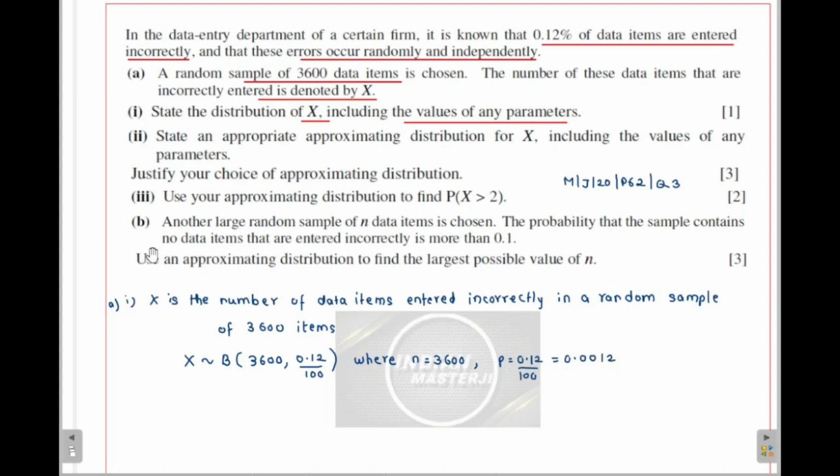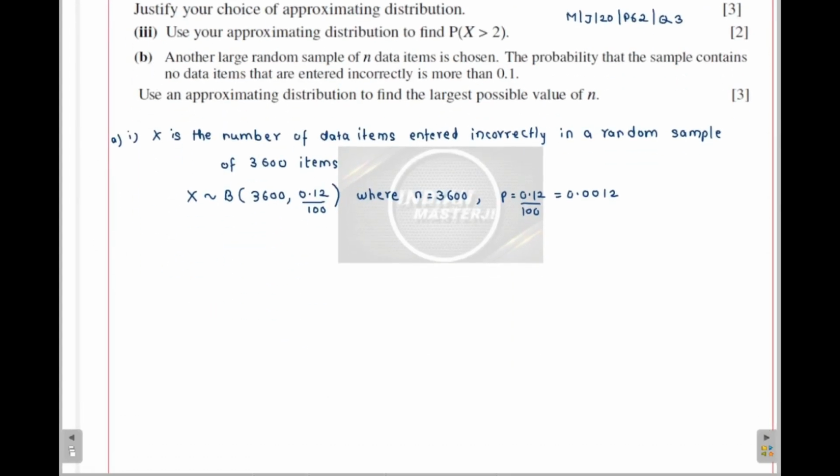Then they are saying state an appropriate approximating distribution for X including the values of any parameters. Justify your choice of approximating distribution. So here n is 3600, which is greater than 50, correct?